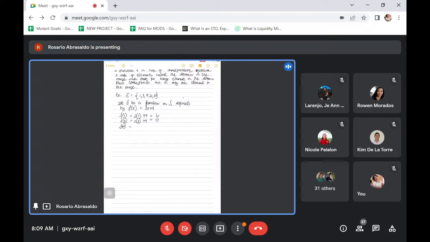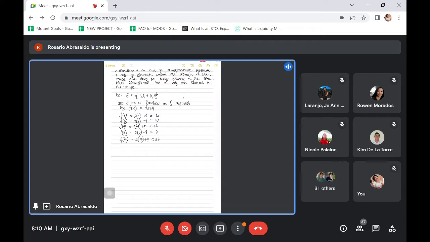If x is 4, then we have 2 times 4 plus 4, so 8 plus 4 is equal to 12. If x is 6, then 2 times 6 plus 4, then we get 12 plus 4, 16. If x is 9, then we have 2 times 9 plus 4, simply 18 plus 4, 22. So thus, the set S is now transformed into the new set.